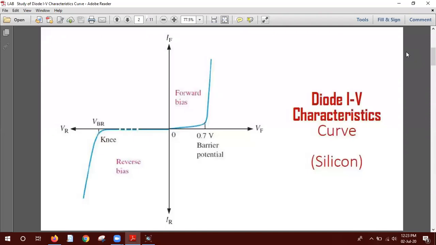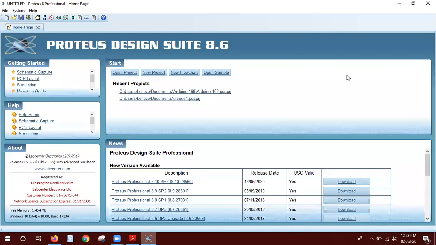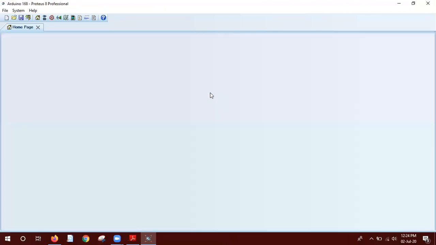Okay. So basically, let me check this forward bias graph and this reverse bias graph. Can you see my screen? Yes, sir. Okay. I tried that yesterday. No problem, I will start from the very beginning. I believe that you already know the basics of Proteus.